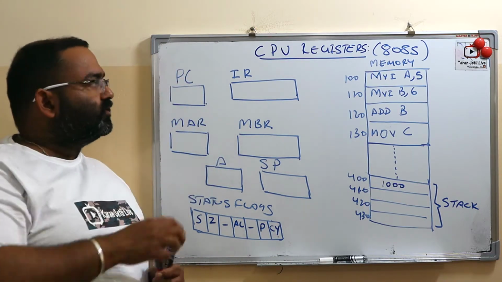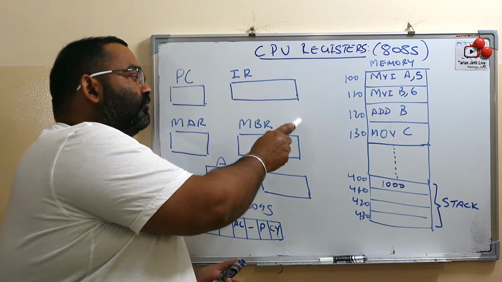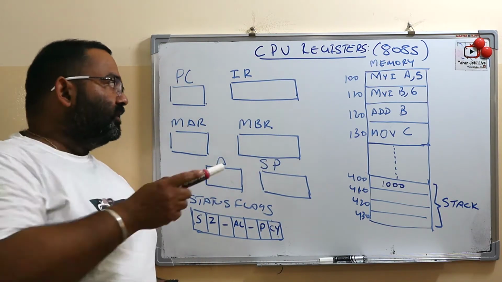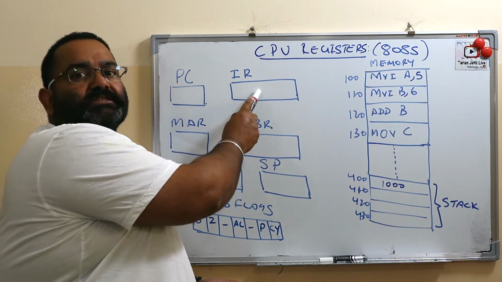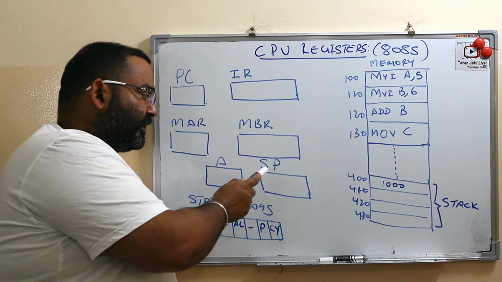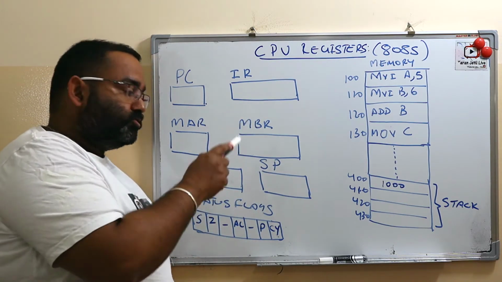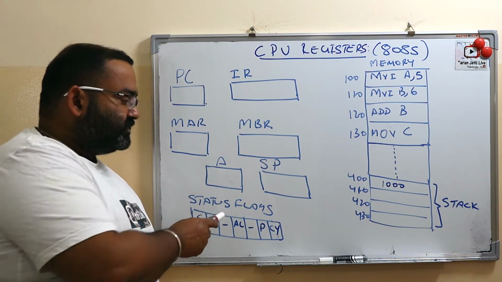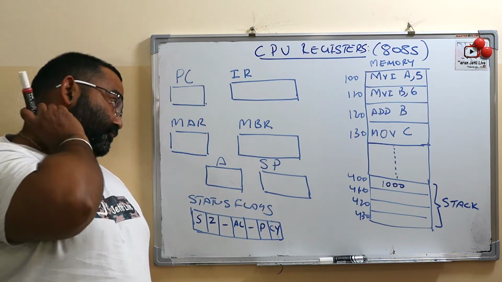In the previous part of this video I gave you the full forms. Quickly again: program counter, IR stands for instruction register, MBR memory buffer register, stack pointer, accumulator, MAR memory address register, and status flag.